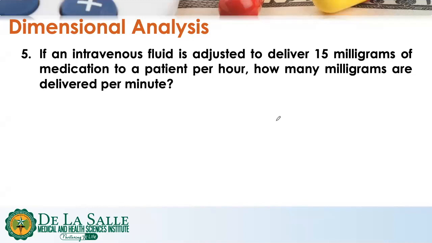Just like what we did before, we will identify the given quantities. 15 milligrams of the medication are to be given in an hour. You are asked how many milligrams of the medication shall be delivered in a minute.